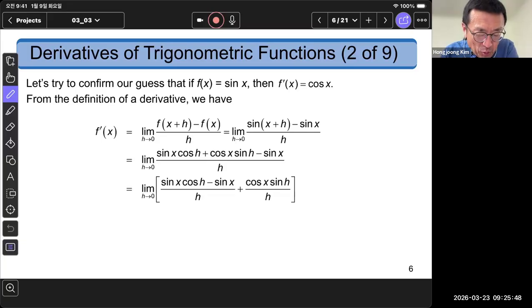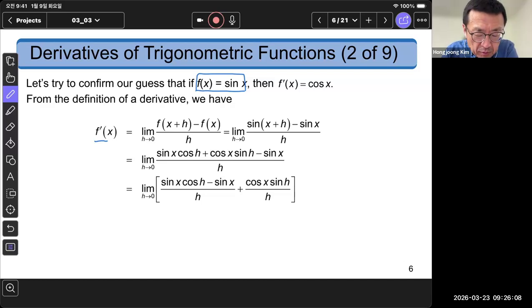So in order to find f prime when f of x is sine x, what is the definition of the derivative?